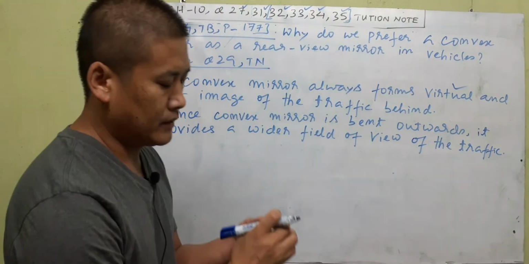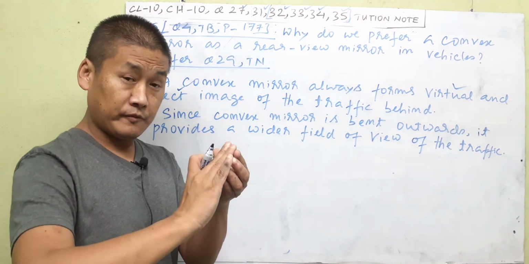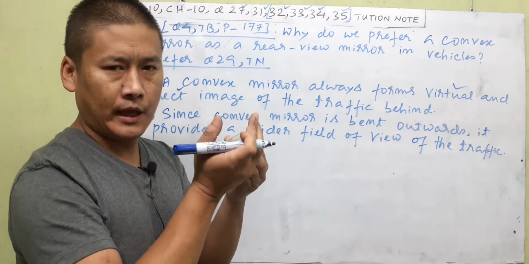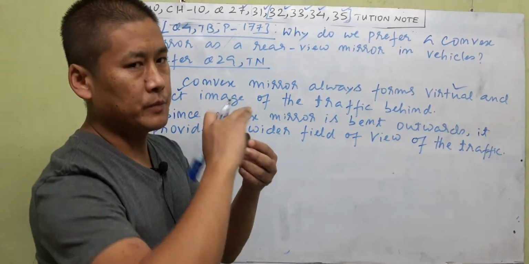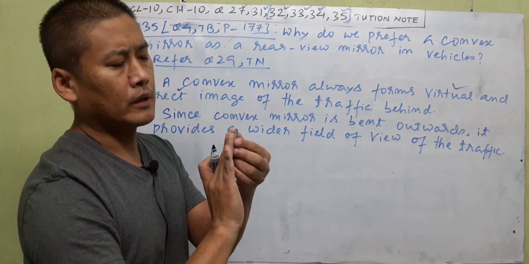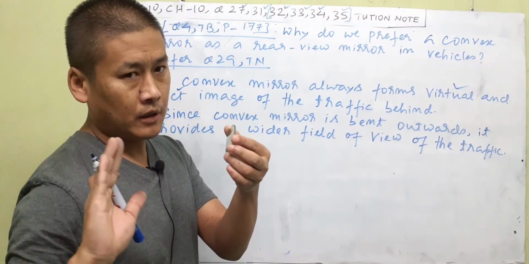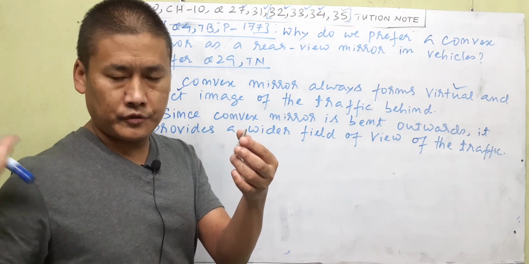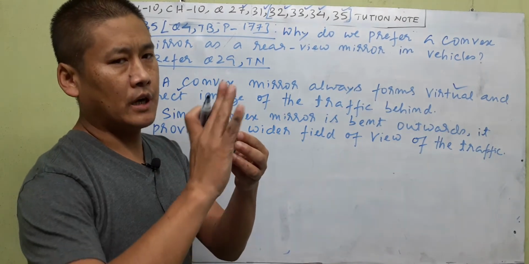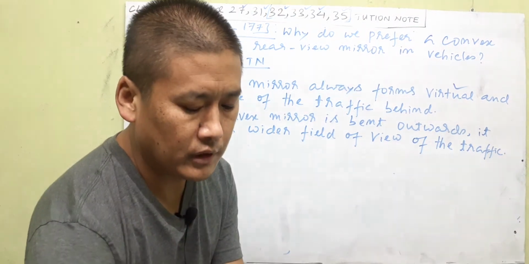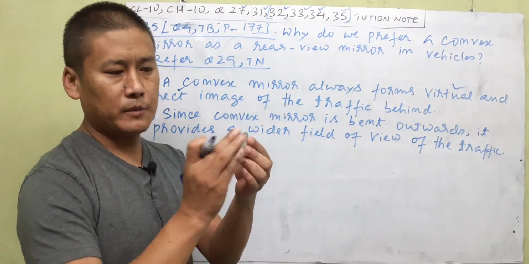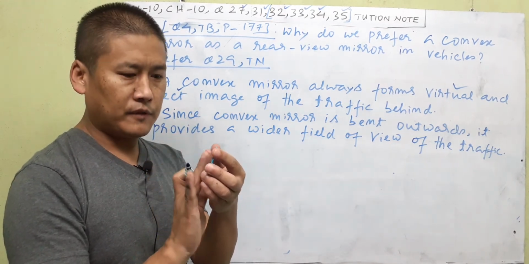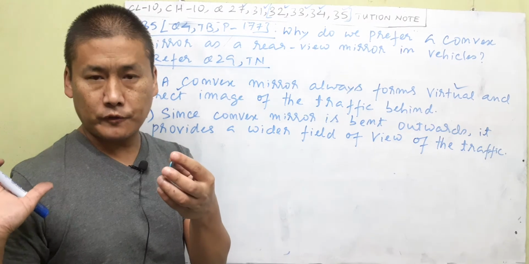Now, convex mirror, we learned in our second or third class, is a spherical mirror which bends outward like the outside of a spoon. So its field is bigger because it bends outwards, meaning it can capture the image of the car not just behind but even at an angle. So the car behind, also 2, 3 cars like that. But if you are using a concave mirror, then it bends inside, and at best, even if you get virtual erect, you can get the image of only one car.